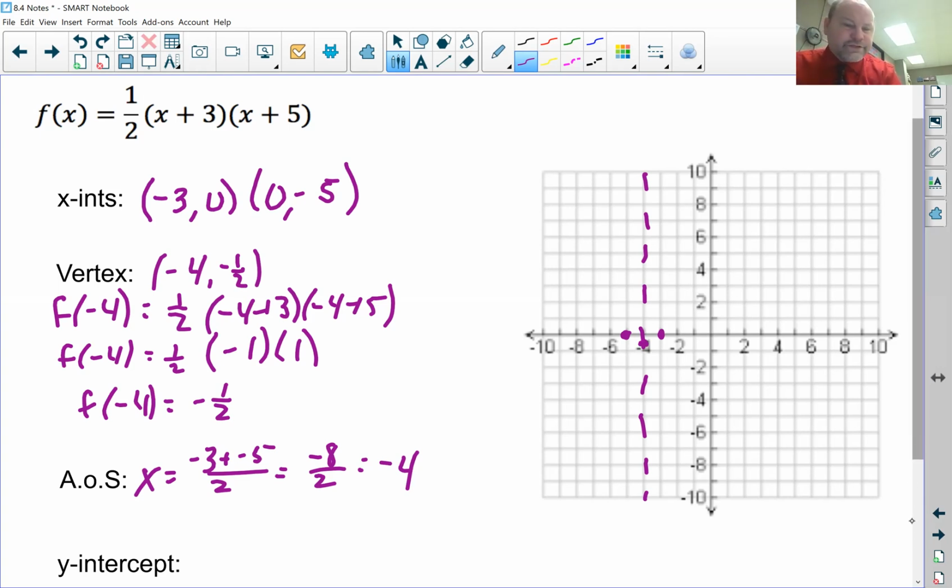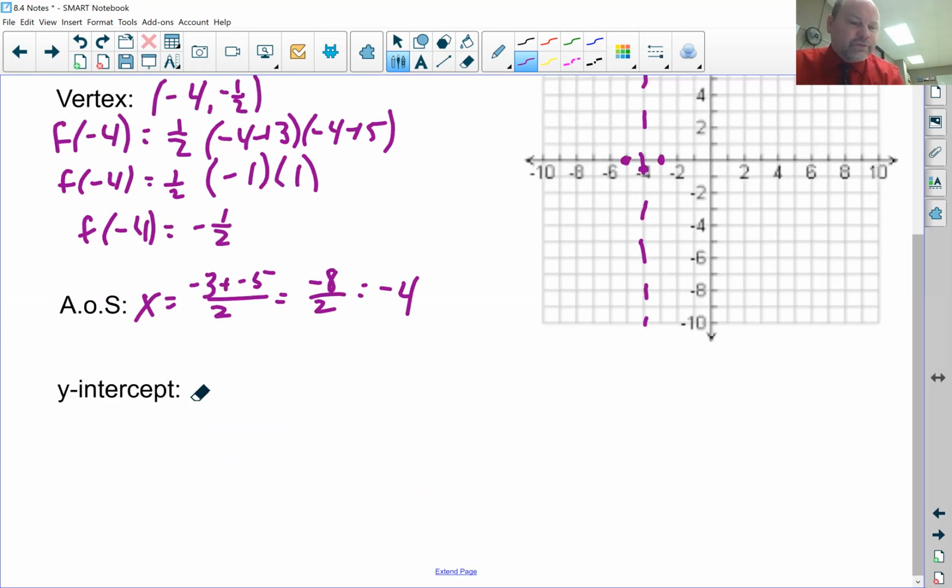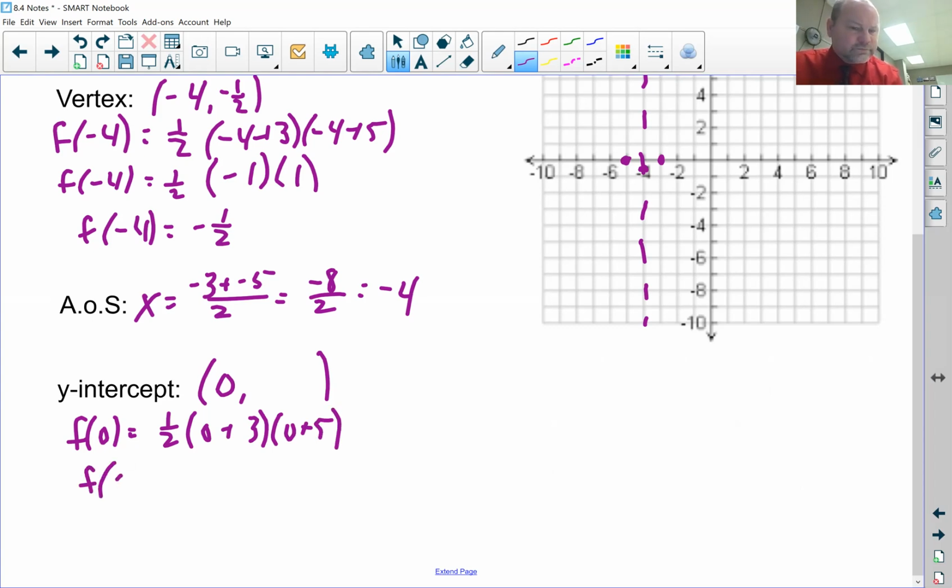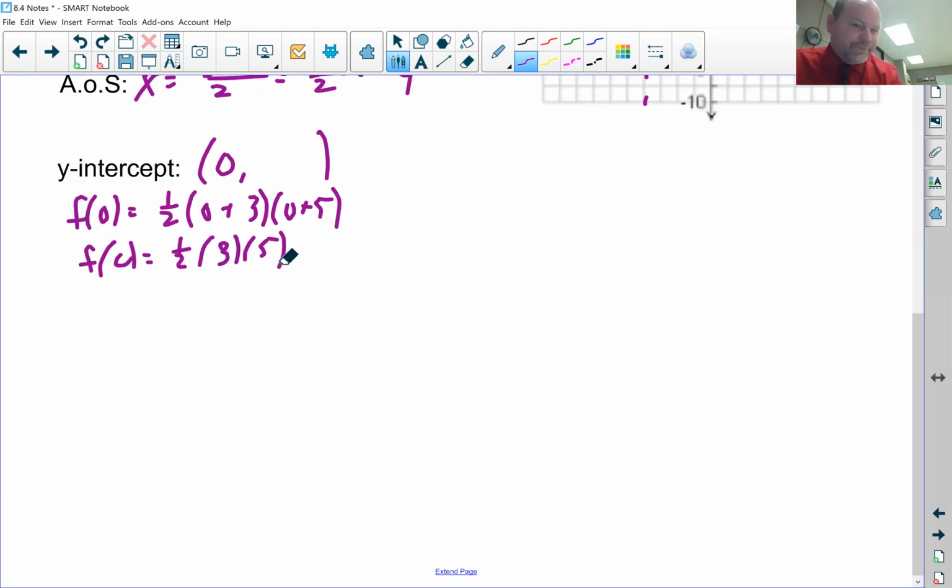For the y-intercept, we're going to plug in 0 for x. And so we get 1/2 times 3 times 5. I think it's a little bit easier in this case to multiply 3 times 5 to get 15.